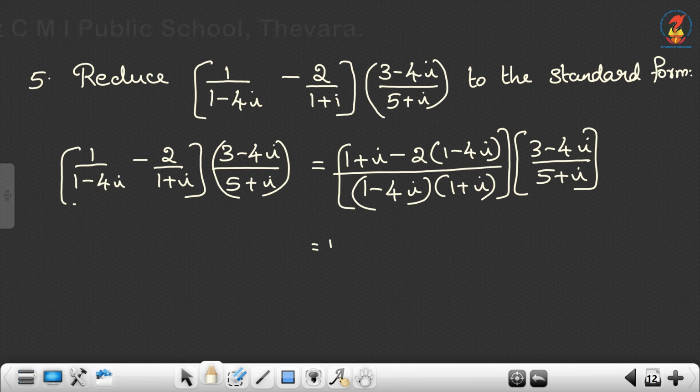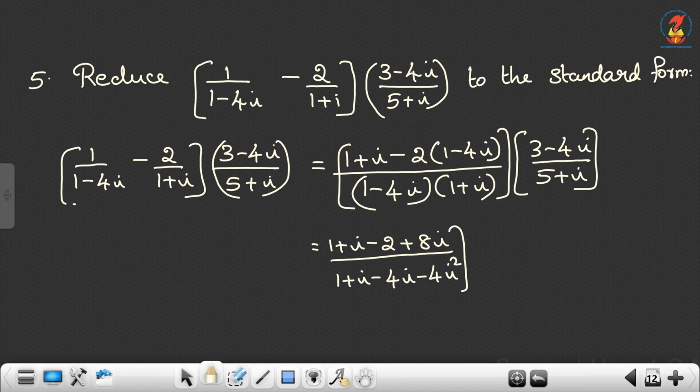Then the numerator 1 plus i minus 2 plus 8i by denominator, you have to multiply: 1 plus i minus 4i minus 4i squared. Then into (3 − 4i) by (5 + i).